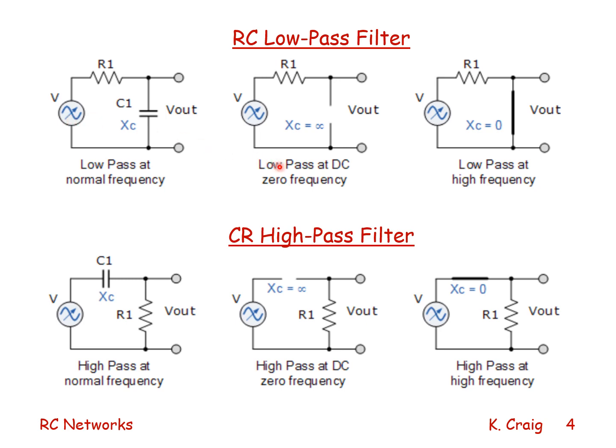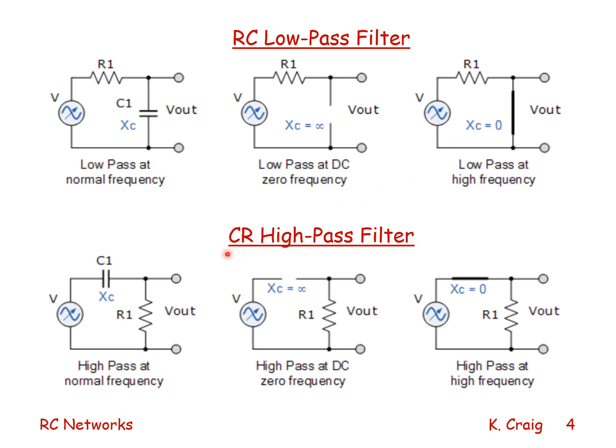At zero or very low frequency, zero frequency is DC, a capacitor behaves like an open circuit. The reactance is infinite. At high frequency, the capacitor behaves like a short circuit. Its reactance is essentially zero.